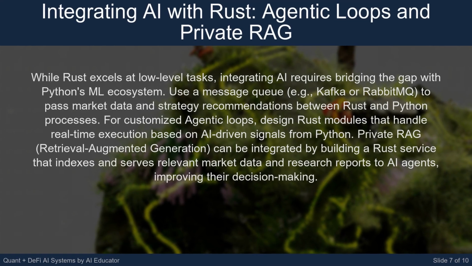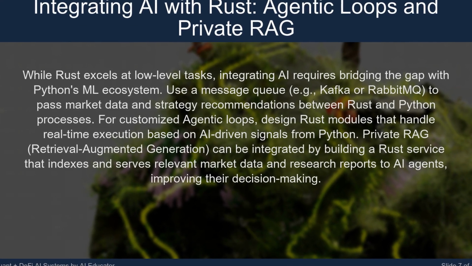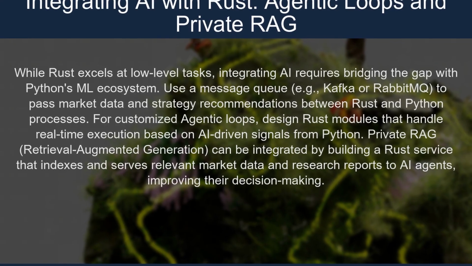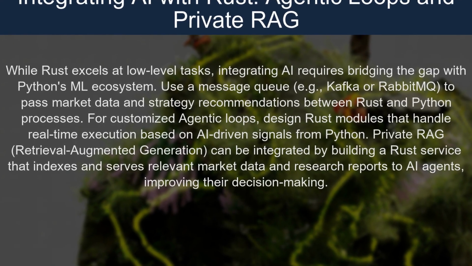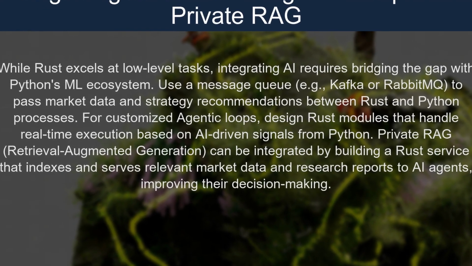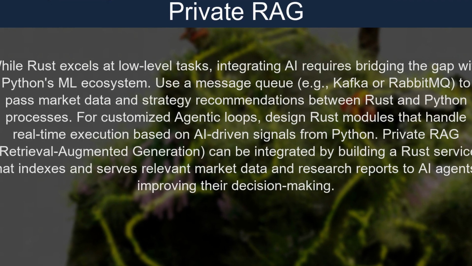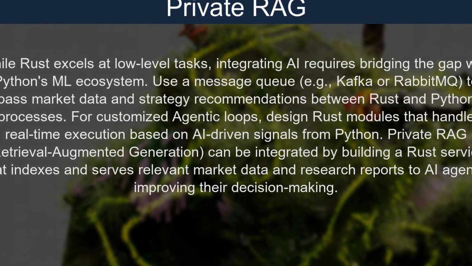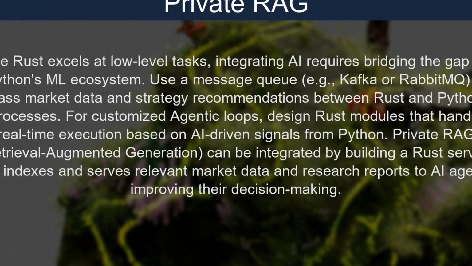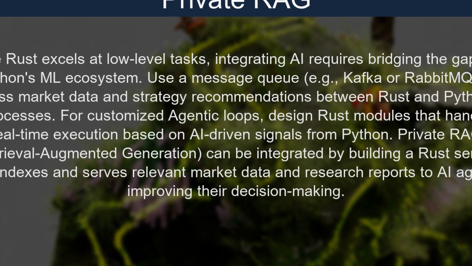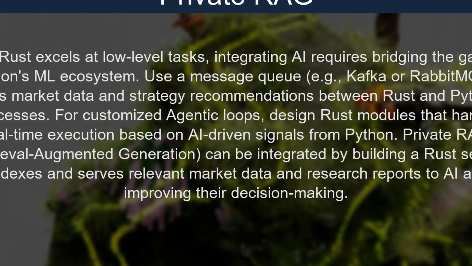While Rust excels at low-level tasks, integrating AI requires bridging the gap with Python's ML ecosystem. Use a message queue, e.g., Kafka or RabbitMQ, to pass market data and strategy recommendations between Rust and Python processes.